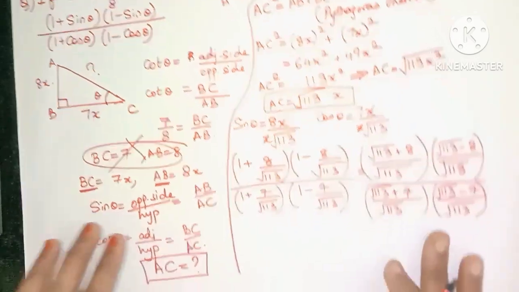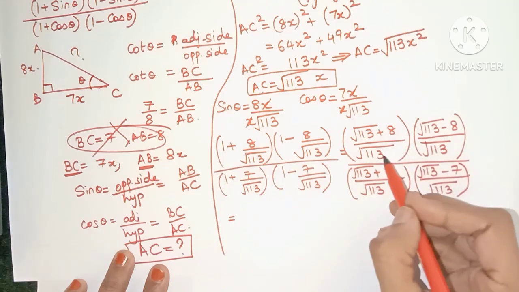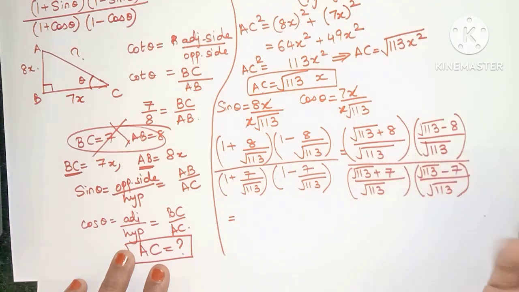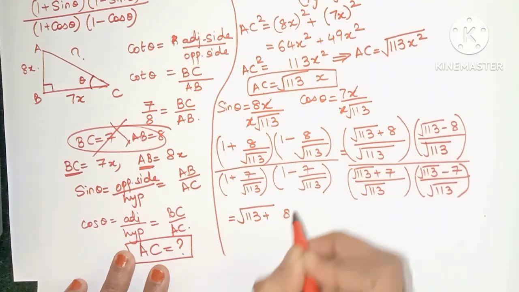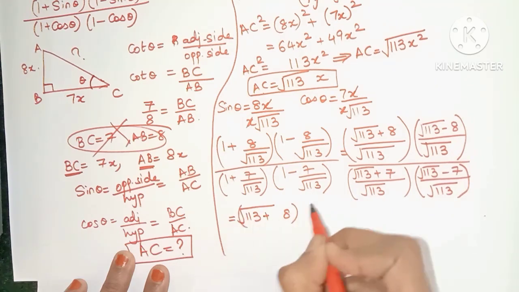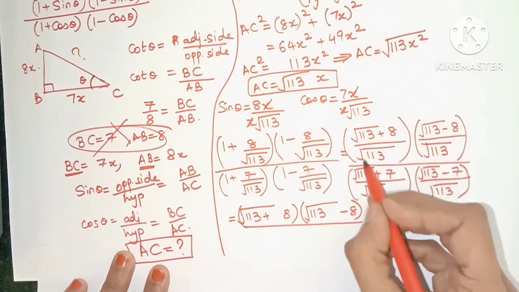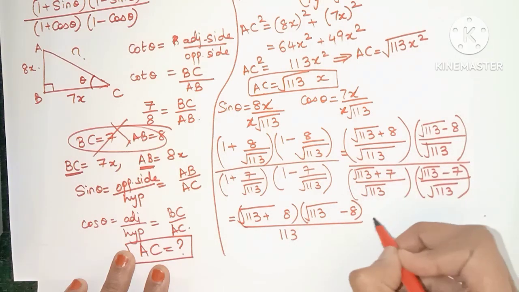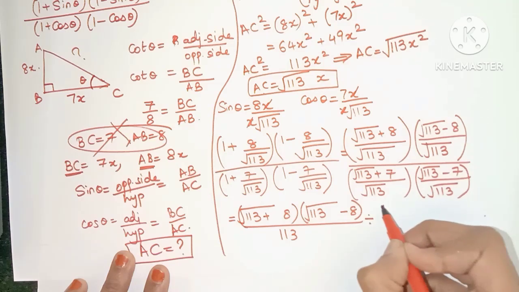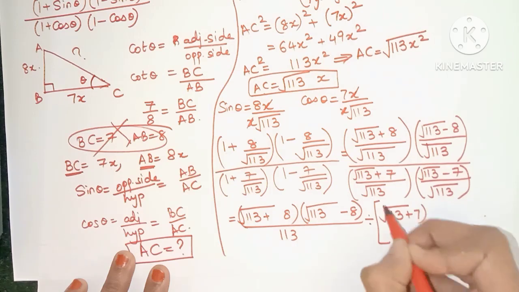Okay, now if you see, this is common everywhere, friends. See, this root of 113 into root of 113, so I'll get only 113. Into 113 minus 8. So square root of 113 into square root of 113, I'll get only 113, divided by, I'll put a huge bracket over here to avoid confusion.